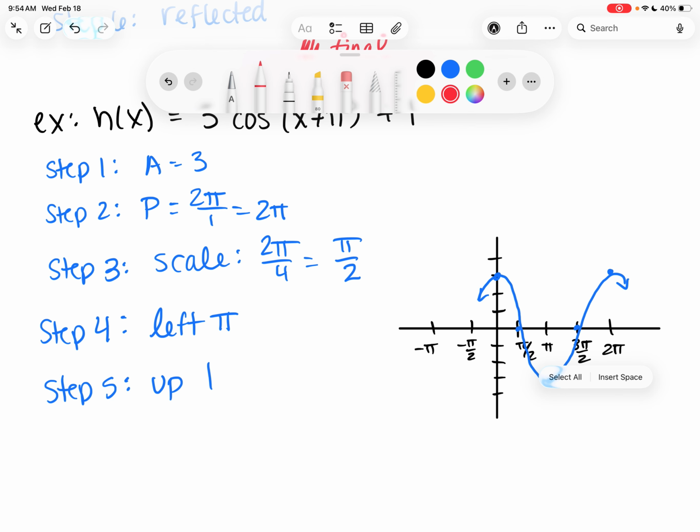I'm going left pi, which is, again, 2 spots. So it's coming here, and it's going up 1. This point here, left pi, that's 2 spots, so it's to negative pi over 2, up 1. Over here, left pi, up 1. Left pi, up 1. And then left pi, up 1. And now there's my graph. Then either, over here on the graph, write final, or if you're using colors, you can do a little squiggly and tell me which one is the final one.